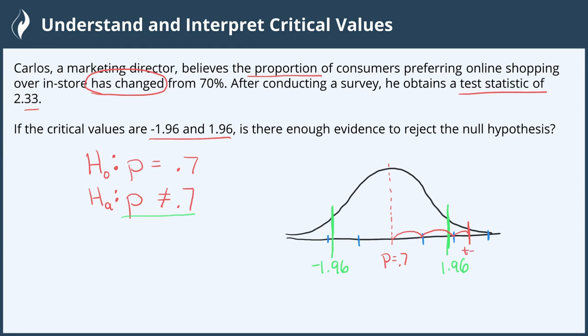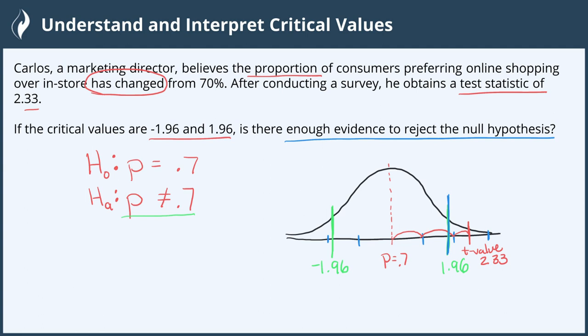So this is our test statistic, and it is 2.33, which means it has definitely gone above our critical value. It has exceeded our line, our tolerance level, and so we would say, yeah, that definitely falls above, and we would then have enough evidence to reject the null hypothesis.